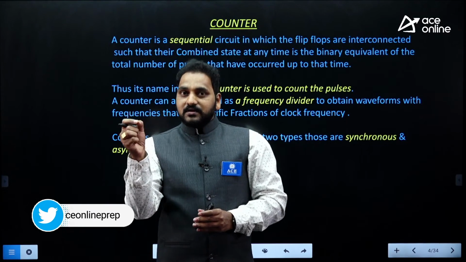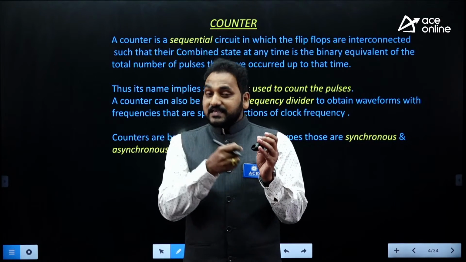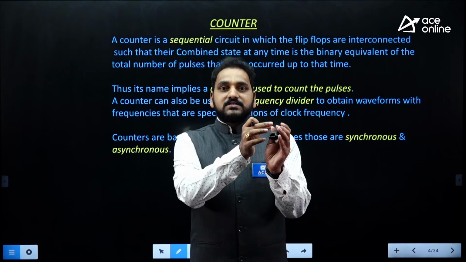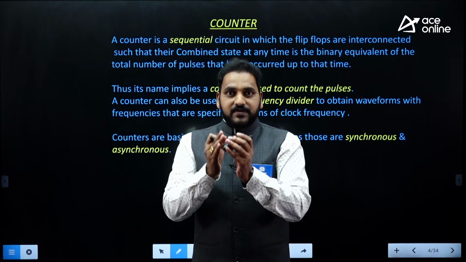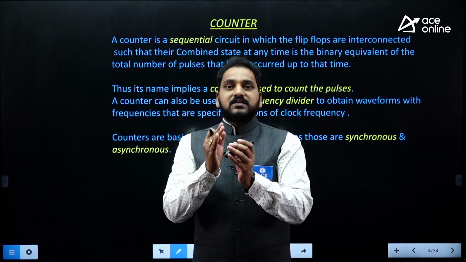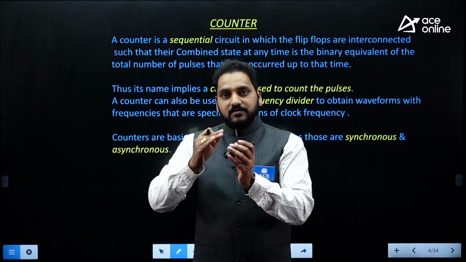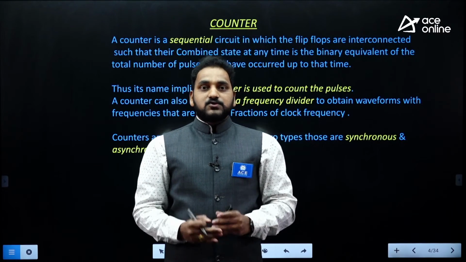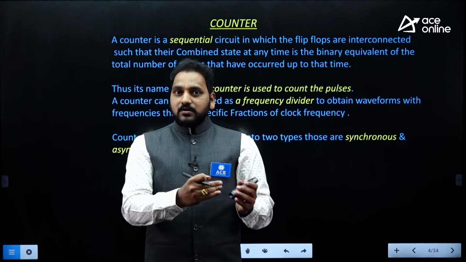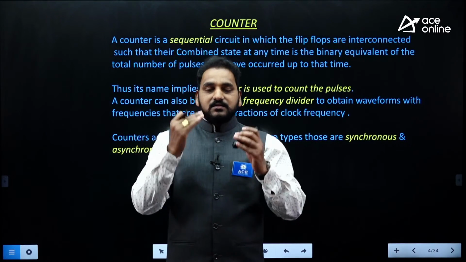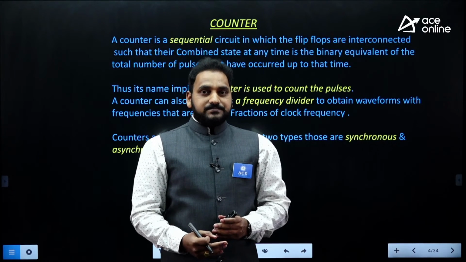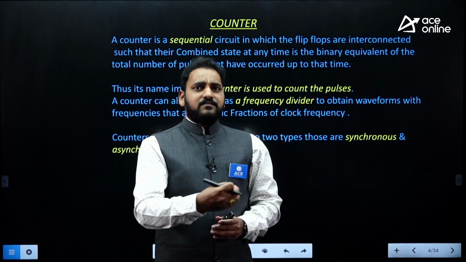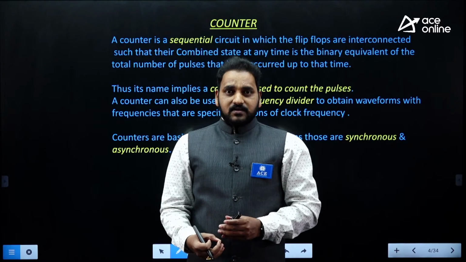So here the delay will be more, because in the synchronous case we give the signal at a time, while in asynchronous it is not like that. Every flip-flop has to wait for a triggering or clock signal from its previous flip-flop. So the bottom line is, compared to asynchronous counters, synchronous counters are the fastest counters, right?